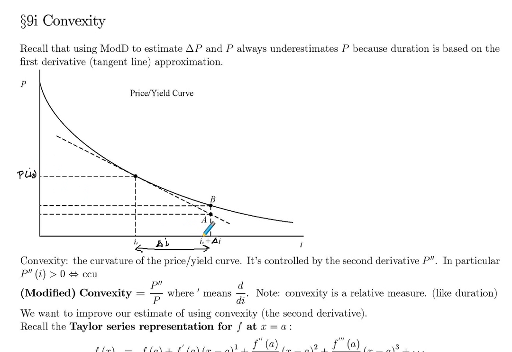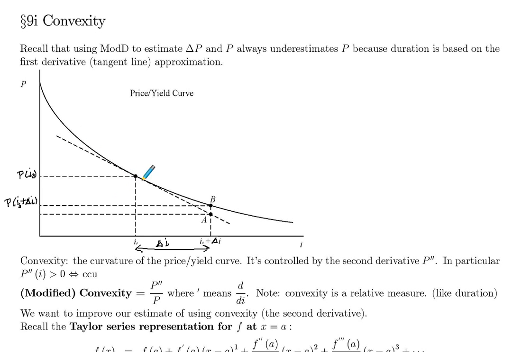And then at I0 plus delta I, if you go up to the point B, which is on the price yield curve, and over, that's going to be the actual price at I0 plus delta I. And that's what we're trying to estimate. What we did was use the tangent line approximation.